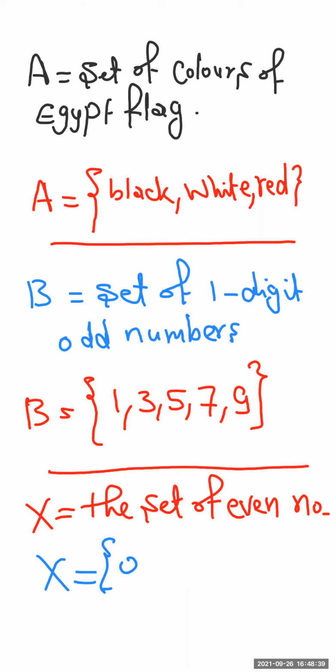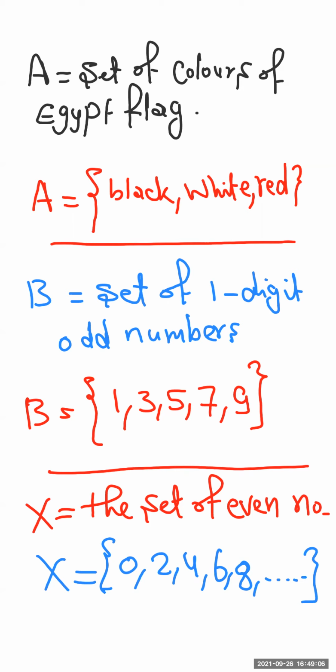So 0, 2, 4, 6, 8, 10, 12, 14, 16, 18, 20, and so on. Do I have to write down all the even numbers? No, I will just write down the first 4 or 5 numbers, then a comma and dots. This means it's on the same pattern.